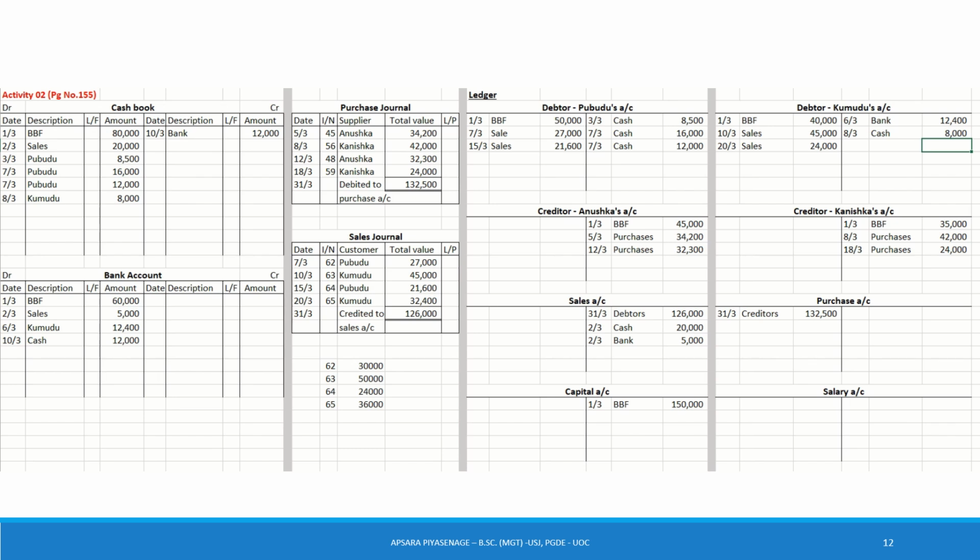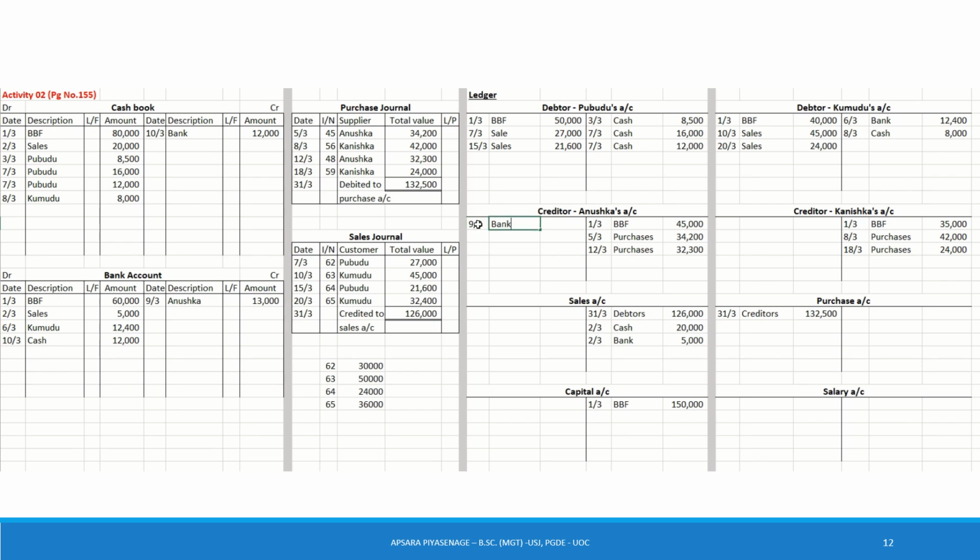First one is on 9th March, to Anushka they have issued a check. So from bank account, 9th of March to Anushka 13,000. Anushka's account should be debited, 9th of March.